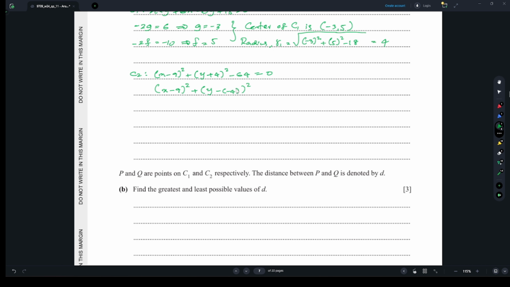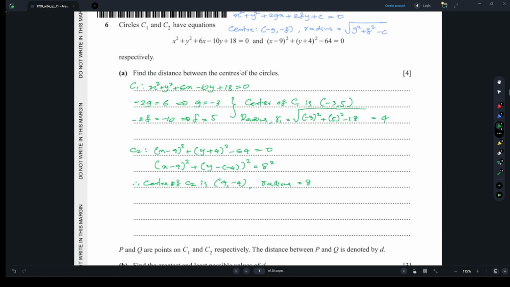And 64 we can write as 8 squared. Therefore, the center of C2 is (9, minus 4) and the radius is 8. Okay, that's done.